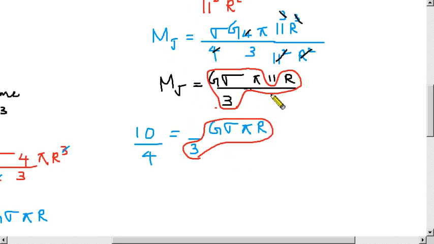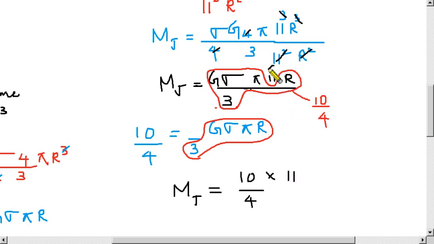So instead of these things we can write what? These terms we can write as 10 divided by 4. Then m Jupiter equals 10 divided by 4, then 11. This 11 is here.